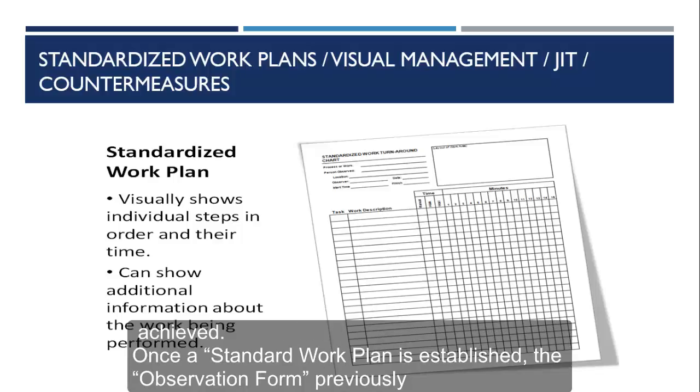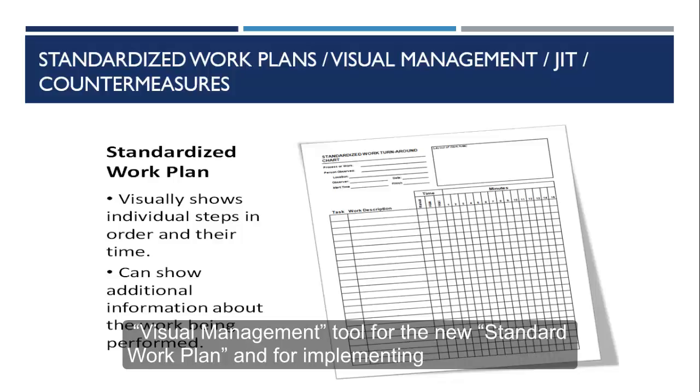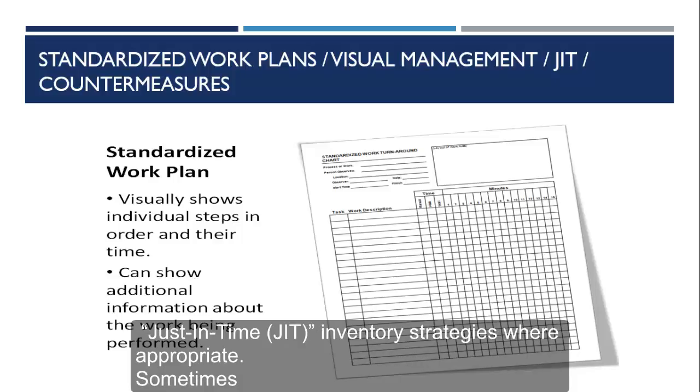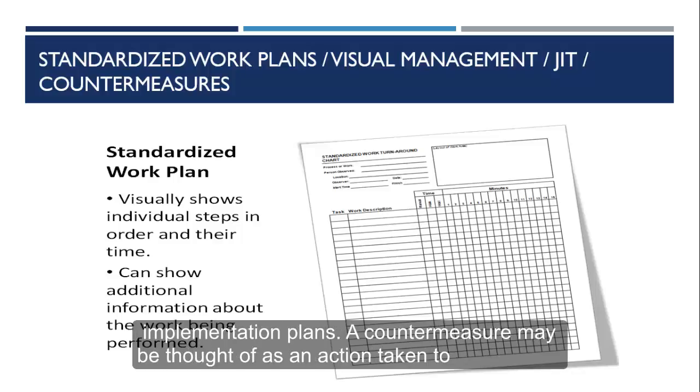Once a standard work plan is established, the observation form, previously introduced, may be used or adapted to document the process. It may also serve as a visual management tool for the new standard work plan and for implementing just-in-time inventory strategies where appropriate.